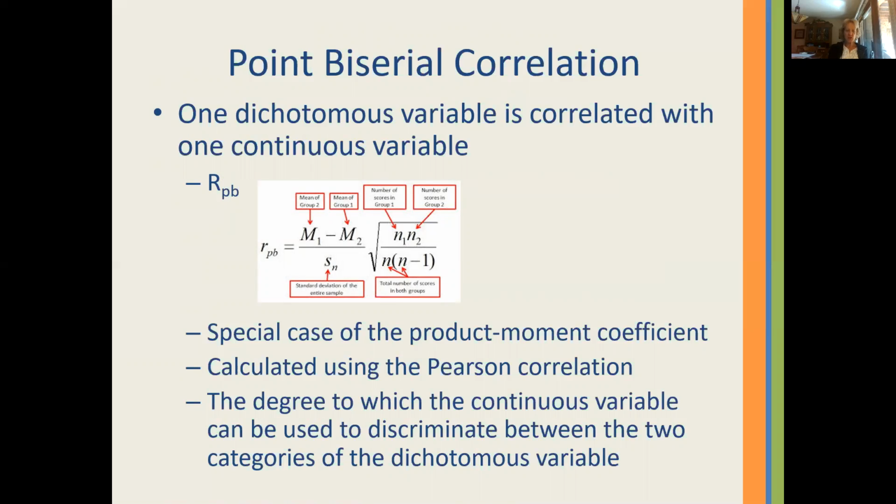And it is also a special case of the product moment coefficient. It's calculated using the Pearson correlation, and the degree to which the continuous variable can be used to discriminate between the two categories of the dichotomous variable is the finding that you get with this analysis.